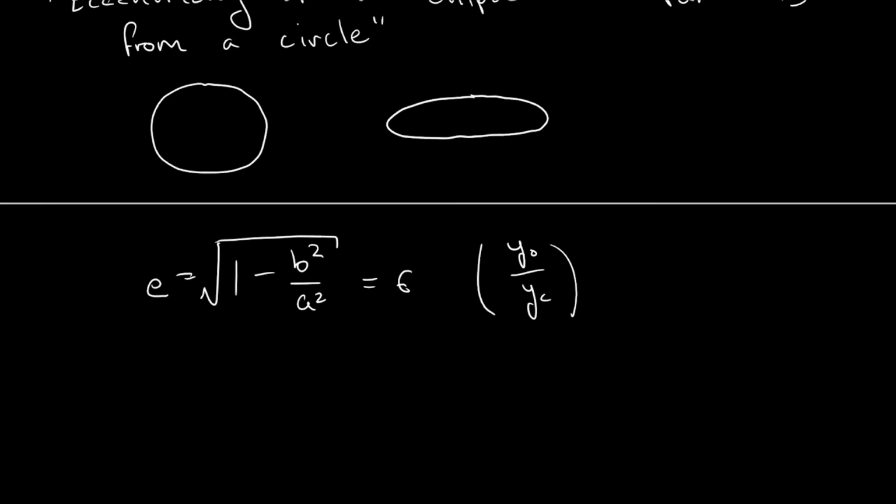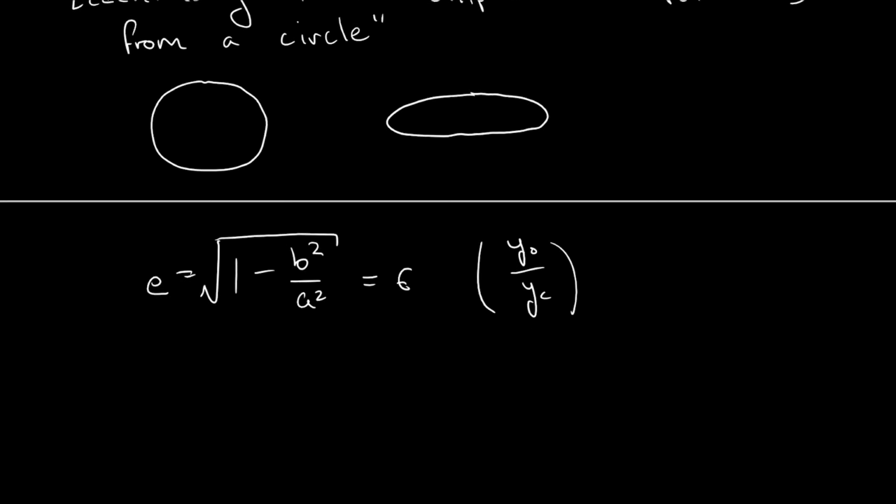So we'll notice here that the eccentricity actually has an upper and a lower bound for a squared and b squared being greater than 0. In particular, we don't want the eccentricity to be imaginary, right? So epsilon should be greater than 0.